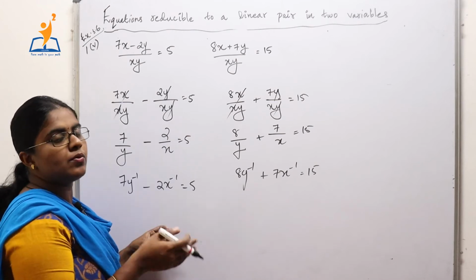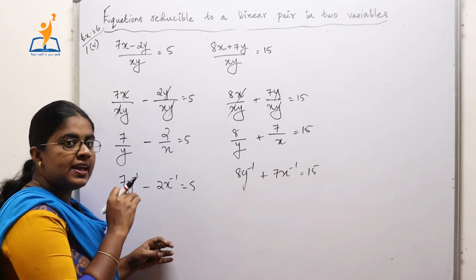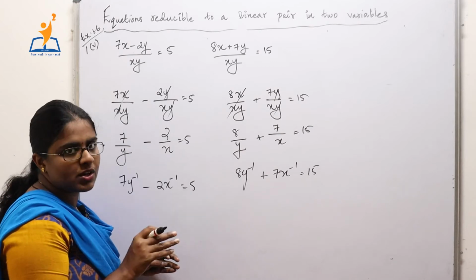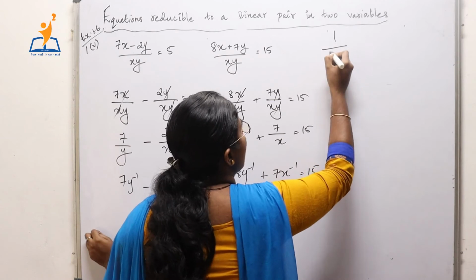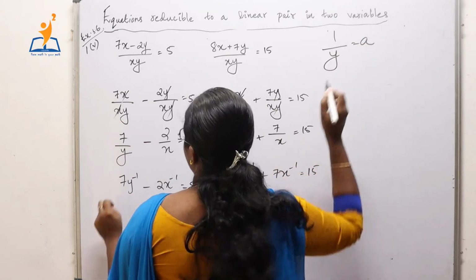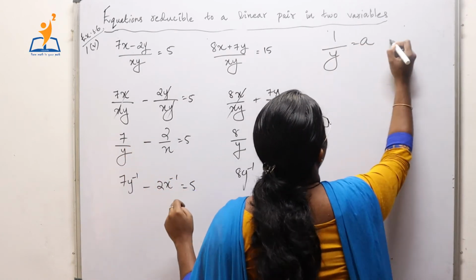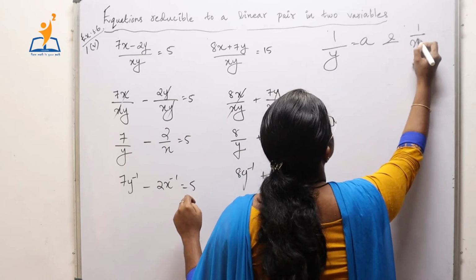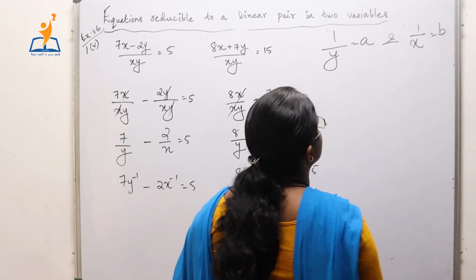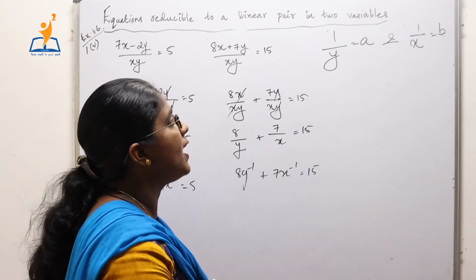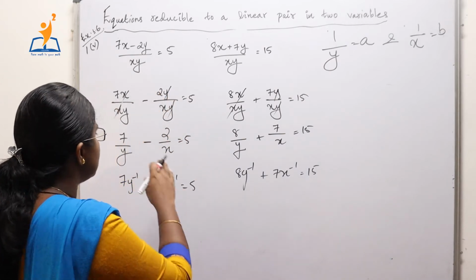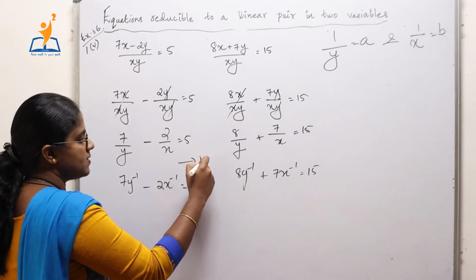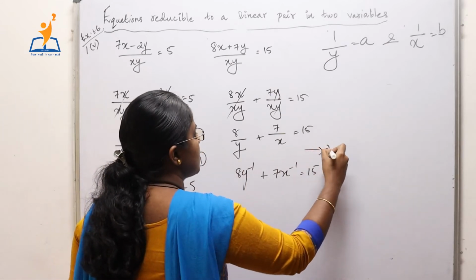So we want to convert these equations into linear equations by giving suitable substitutions. So let's take 1 by y is equal to a, and 1 by x is equal to b. Then this is our equation number 1, this is our equation number 2.